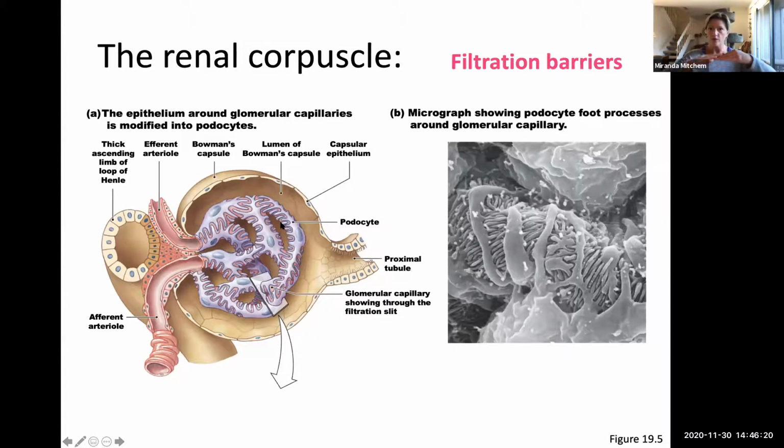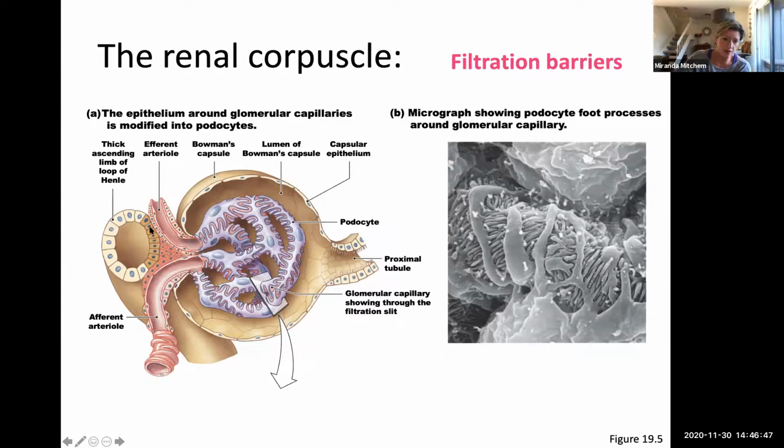You can think of like a spaghetti colander that you use to make pasta. Well, if you have something on the other side of that colander blocking the holes, you're not going to get very efficient filtration. So the podocytes are tied with the amount of material that filters through. So they definitely are a barrier that is needed to be bypassed.